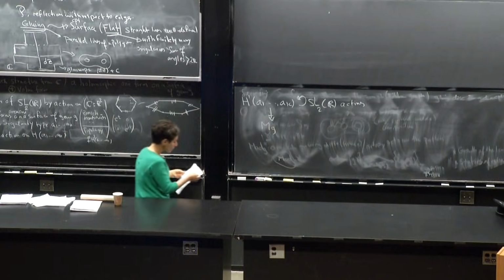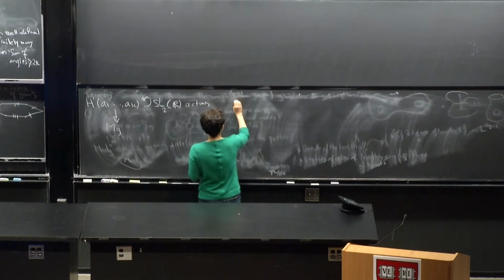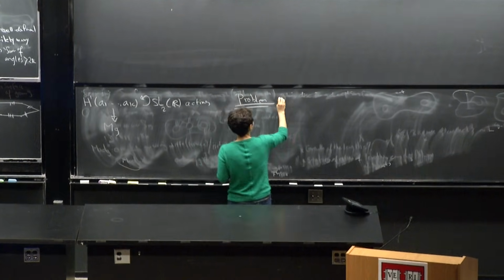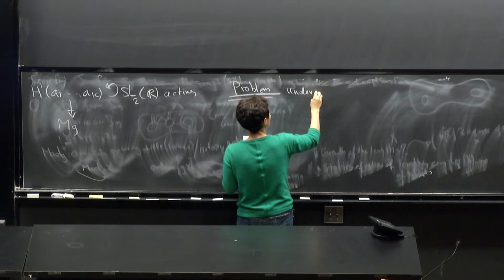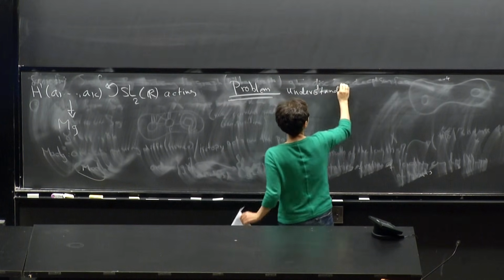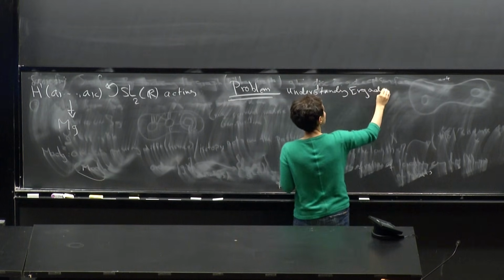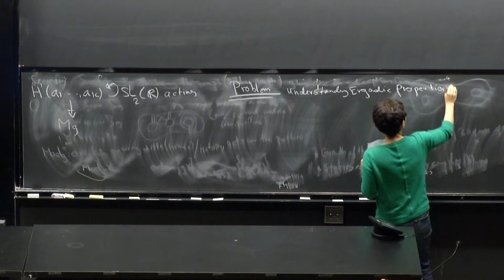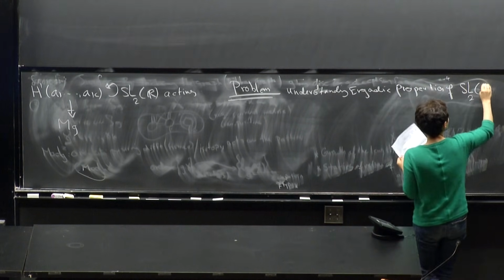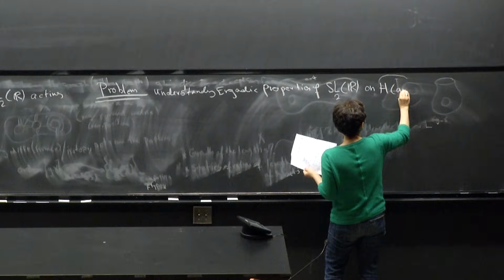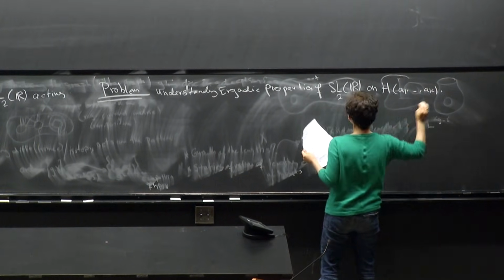So the general problem here is understanding properties of this SL2R action on, in general, H1(A1, ..., AK).